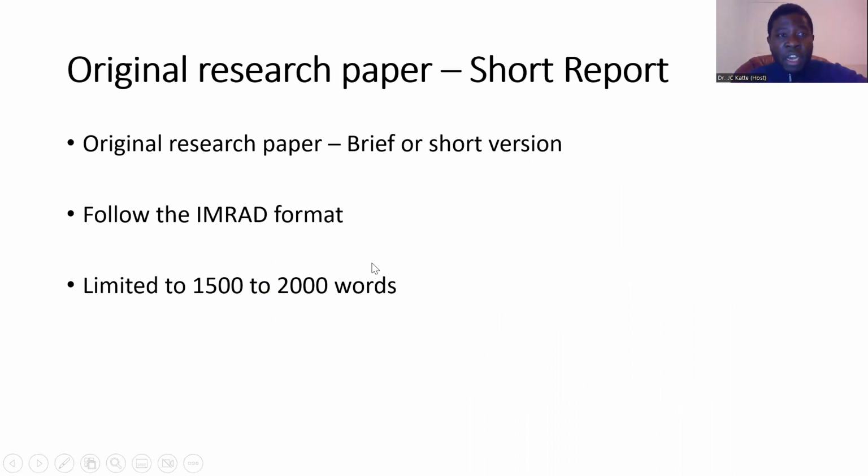And as I said, a variant of this original research paper would be a short or an abridged version, which some journals would call a short report or a brief report. This will still follow the IMRAD format, but usually will be limited to 1,500 to 2,000 words.